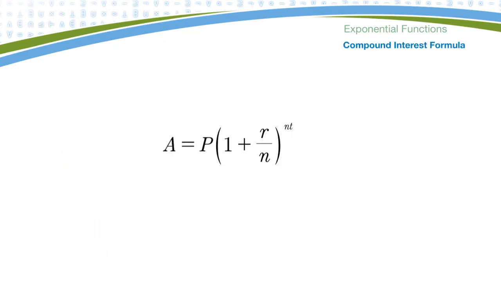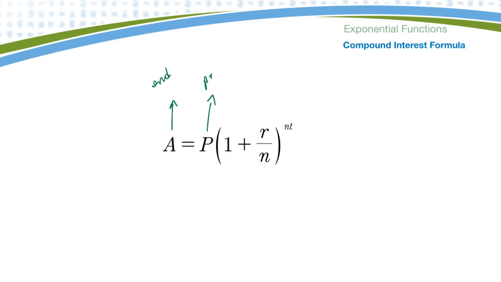A good example of an exponential function, and one that is used frequently, is the compound interest formula. This is the one that says if you put money in the bank at a certain interest rate, how much money are you going to have at the end? This formula is probably similar to ones you might have seen before for exponential functions, where A stands for your amount of money at the end. So what's the total amount of money?